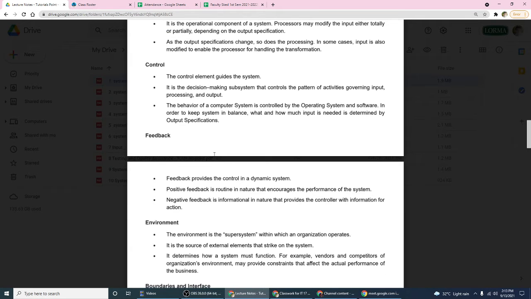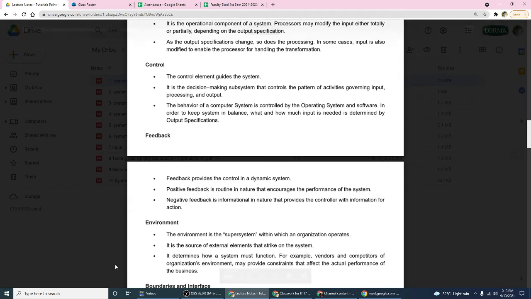Okay. Next is we have the feedback. Feedback provides the control in a dynamic system. Positive feedback is routine in nature that encourages the performance of the system. Negative feedback is informational in nature that provides the controller with information for action. Once you have already your system, then there should be some evaluation or testing, and from that evaluation or testing, you can have an overview of your system if that is 100% working already.